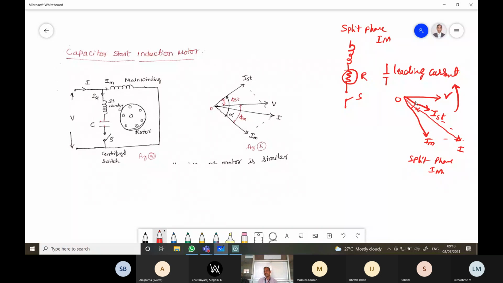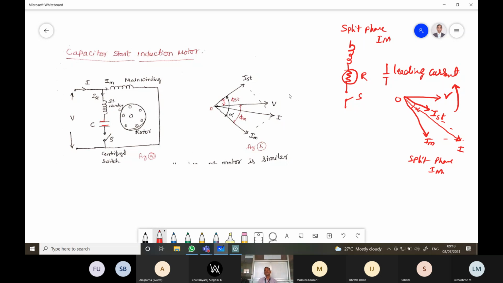In the previous case it is lagging, and now it is leading the supply voltage vector V. Taking V as reference, Ist is leading because we are connecting the capacitor in series with the starting winding. Therefore the starting current Ist leads the voltage by an angle phi st.